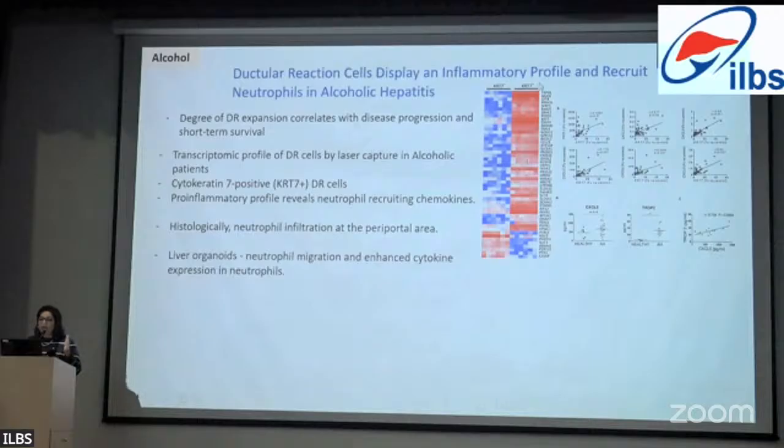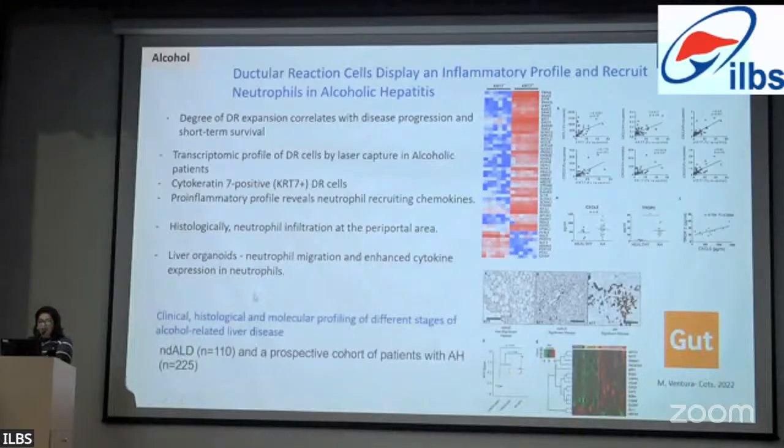All the chemokines present in these sorted KRT7 cells were attracting neutrophils. Histologically, they also showed that neutrophil infiltration is higher in alcoholics at the periportal area. And using liver organoids, neutrophil migration and enhanced cytokine expression were also identified.